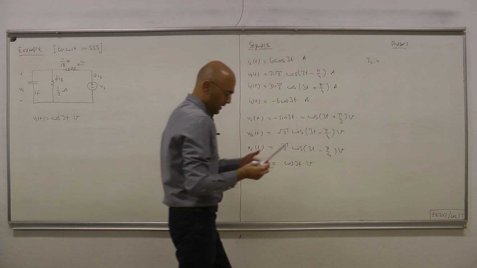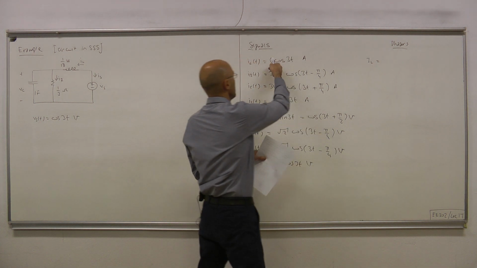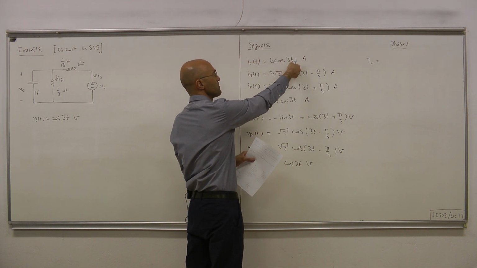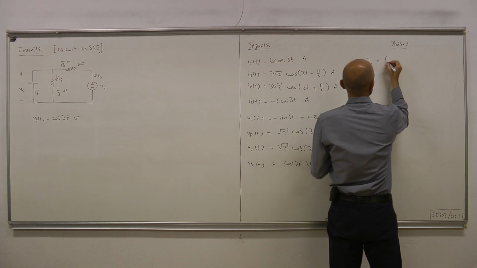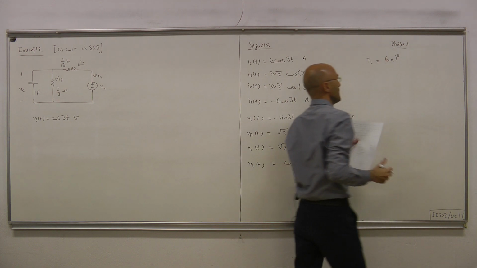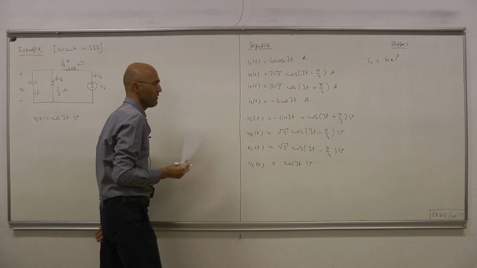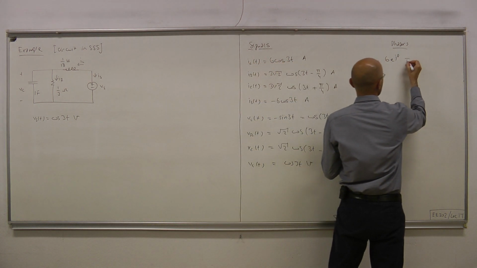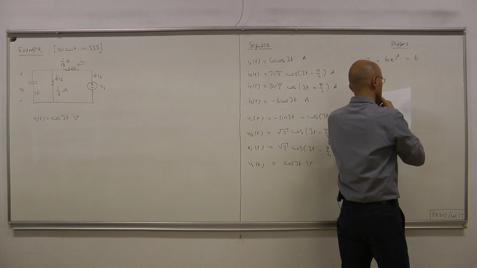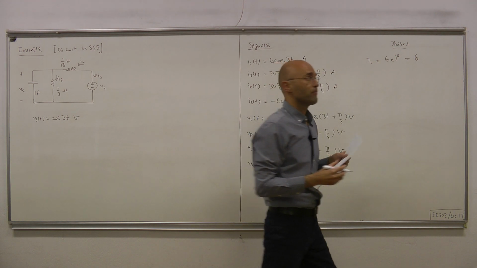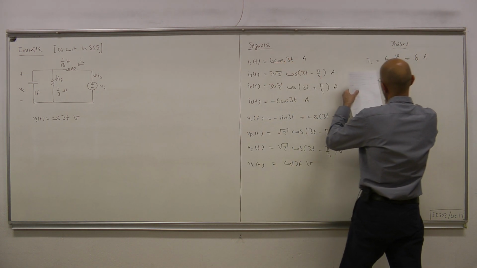IL has magnitude 6, this is 3t plus 0 phase, therefore it's 6e to the j0. That's the phasor of IL, and in rectangular form it's simply 6 plus j0, so we have 6 amps.